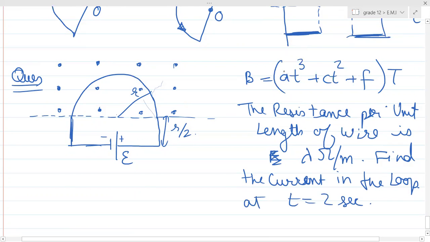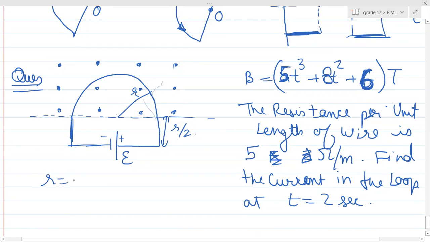I'll just give you some values. 5t cube, let's say 8t square, and this lambda, let's say it is 5 ohm per meter.